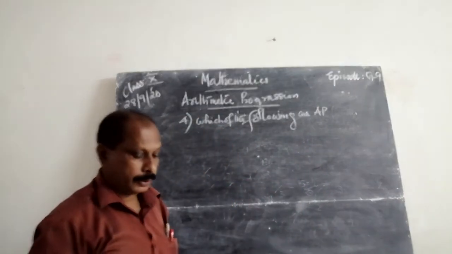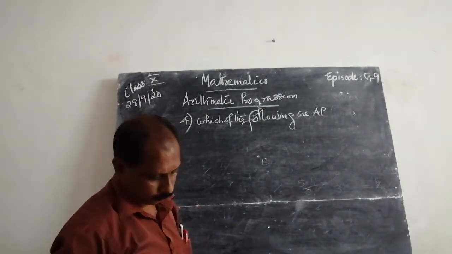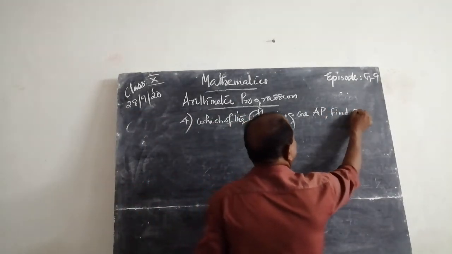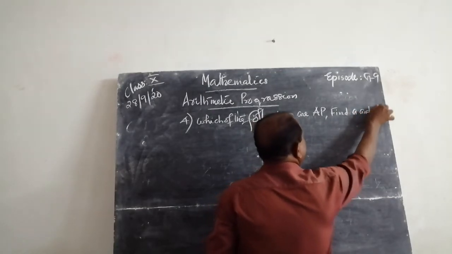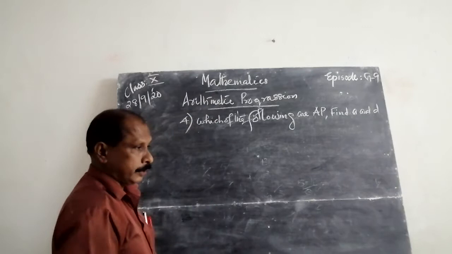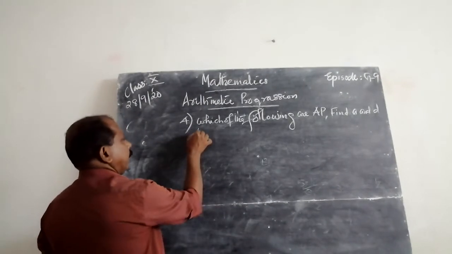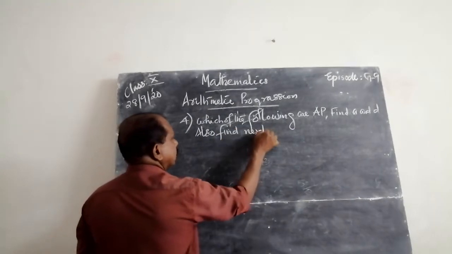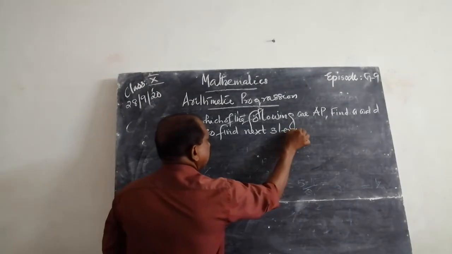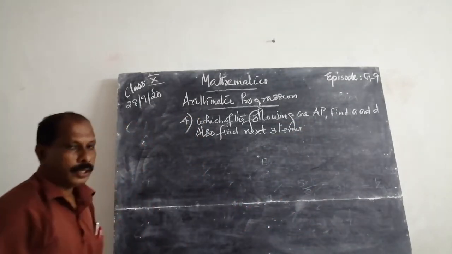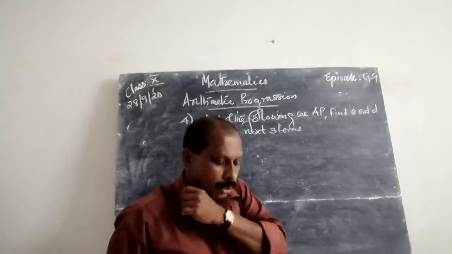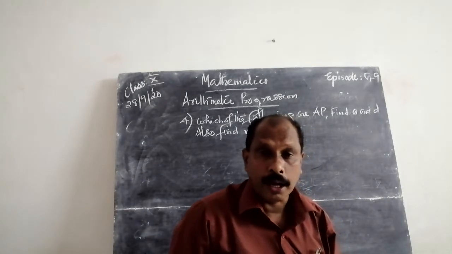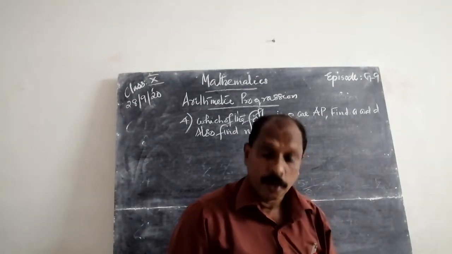Short form is AP, that is arithmetic progression. Find A and D, that is the first term and common difference. Also find the next 3 terms. That is main question number 4. All the other questions not done in the textbook, you work on as homework.